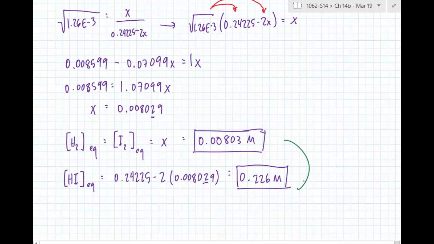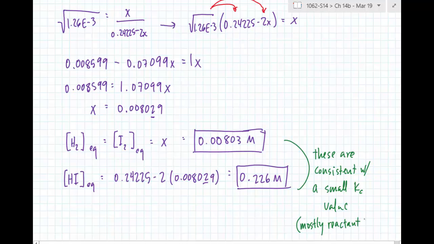These are consistent with a small equilibrium constant. Okay, make sense?